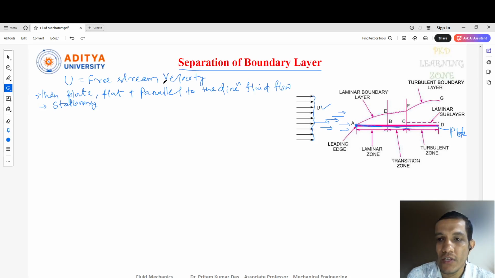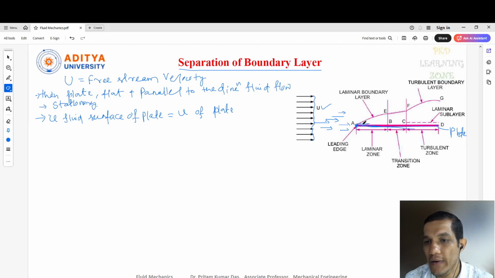The next is the velocity of the fluid on the surface of the plate. Let us consider a small u. The velocity of the fluid on the surface of the plate should be equal to the velocity of the plate.